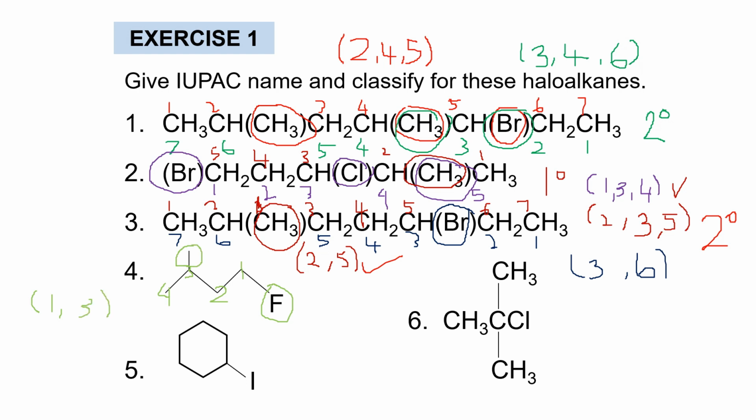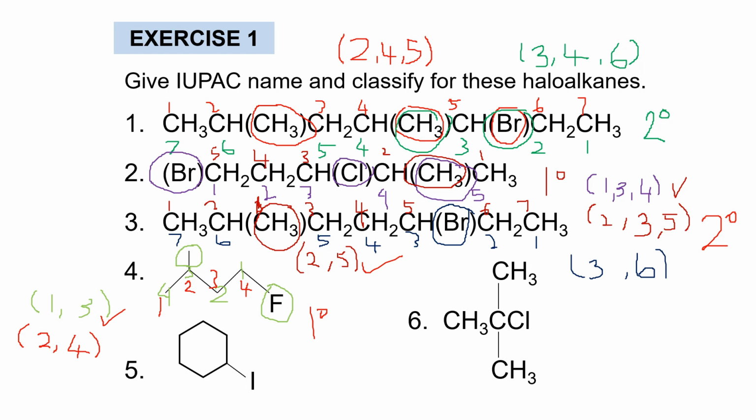If you start from the left, this is carbon number 1, 2, 3, 4, so the first substituent is methyl on carbon number 2, and fluorine as the second substituent on carbon number 4. So the lower set of locants is 1, 3, and the name would be 1-fluoro-3-methylbutane. So this is a primary haloalkane.